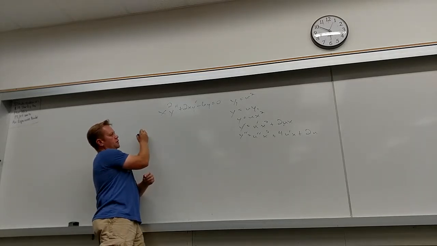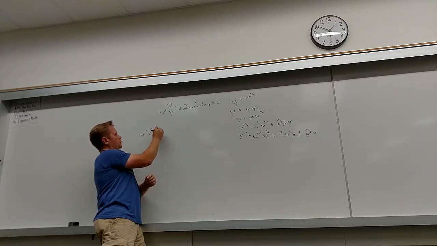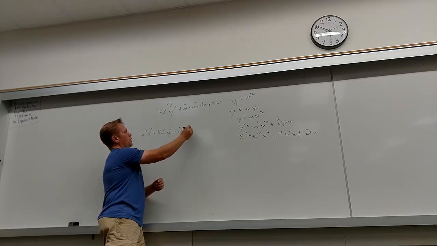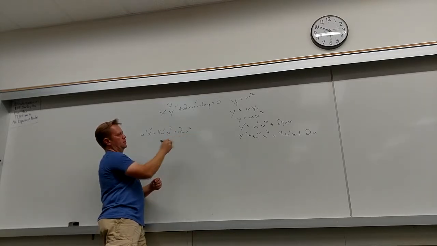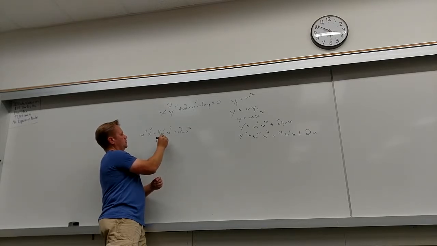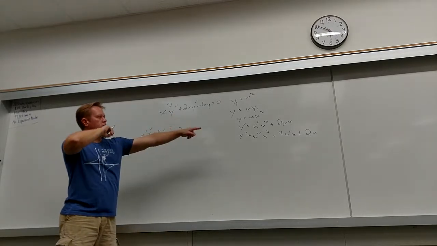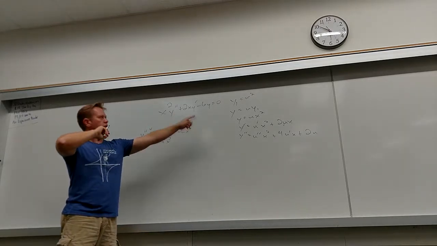So then you get u double prime x to the fourth plus 4u prime x cubed plus 2ux squared plus 2x cubed u prime. Is this cool? You guys see it? 2x times that, 2xy prime.